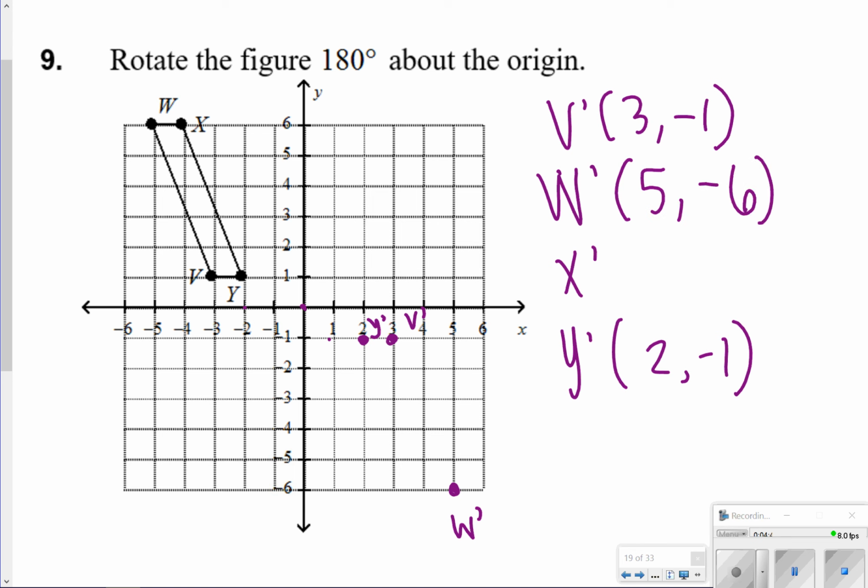And then X prime, we went down 6 over 4, so down 6 over 4 will be X prime. And that is at 4, -6. Connect your dots together, and your rotation has been set.